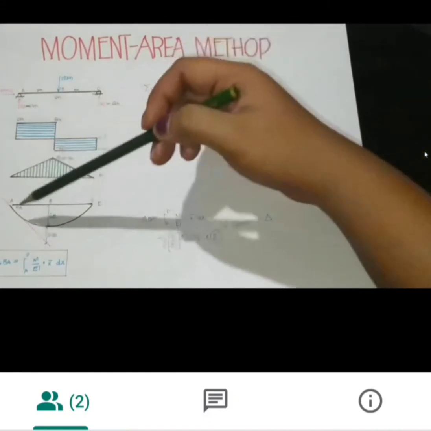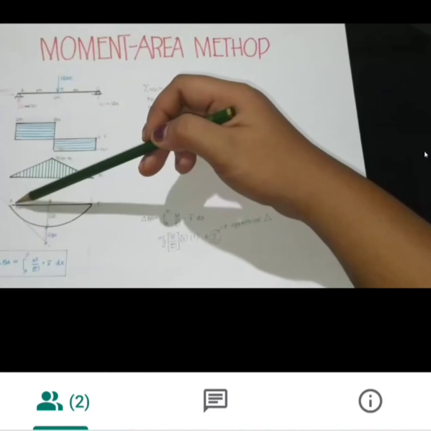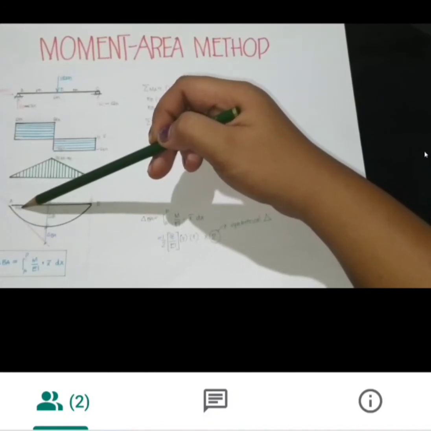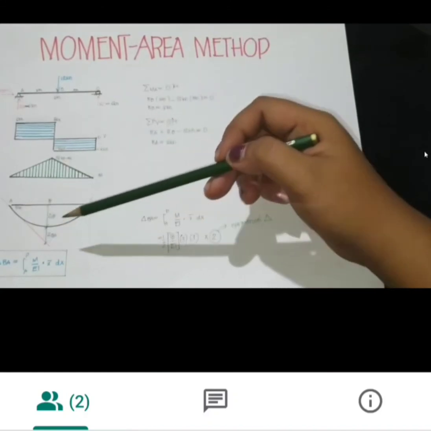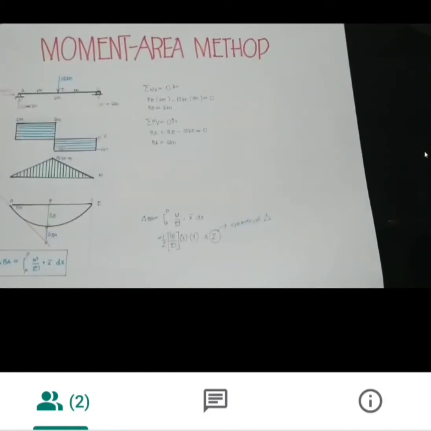Now we're gonna draw a tangent line to find the angle of rotation at point A. Let's call it theta A. So this distance here, delta BA, is simply the distance from the elastic curve to the tangent line drawn from point A. And this is actually called theorem 2.